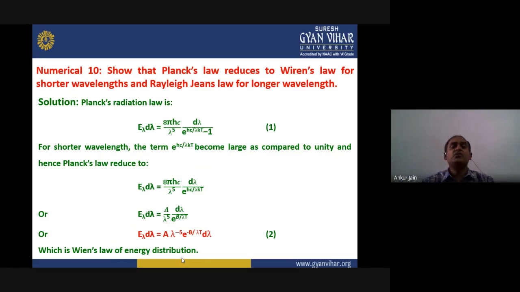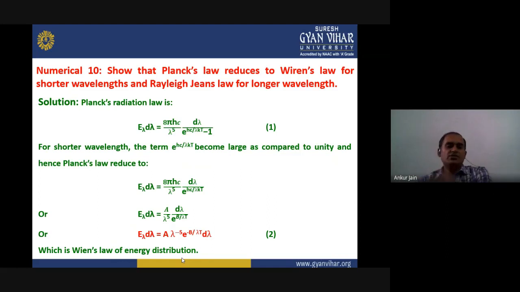We already know from our discussion that Rayleigh-Jeans law is only valid for longer wavelength of the black body spectrum, whereas Wien's law is valid for shorter wavelength of the black body spectrum. So it must be derived from the generalized relation that was given by Planck by the consideration of his quantum hypothesis, his quantum theory.